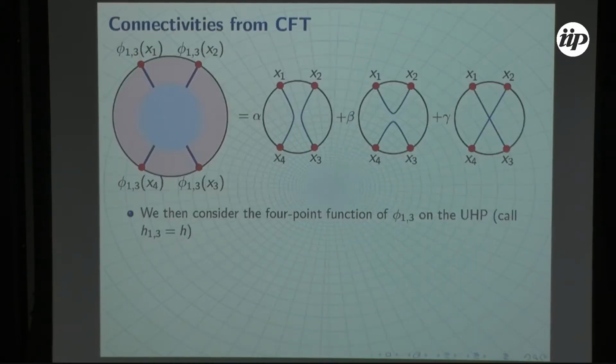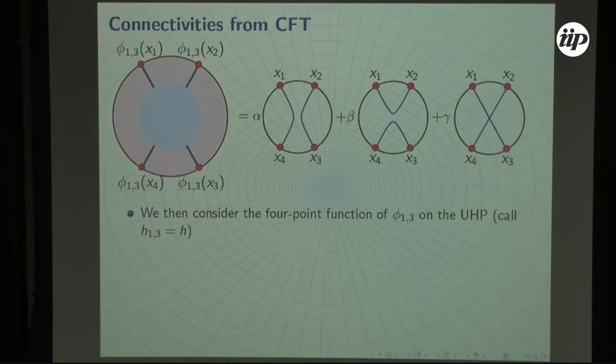Okay, so now, once you understood that I need to consider the 4-point function of the operator phi 1,3 to get, let's say, connectivity of 4 points, then it's rather clear that even geometrically, I can connect these 4 points in 3 ways. So this 4-point function should expand as a linear combination of the 3 linearly independent connectivities that I showed you before.